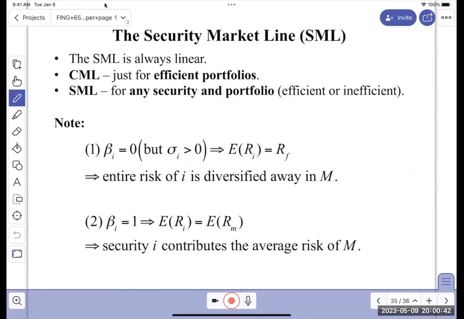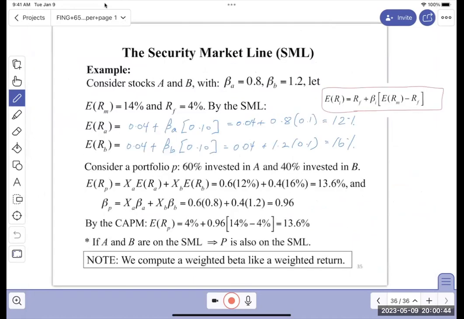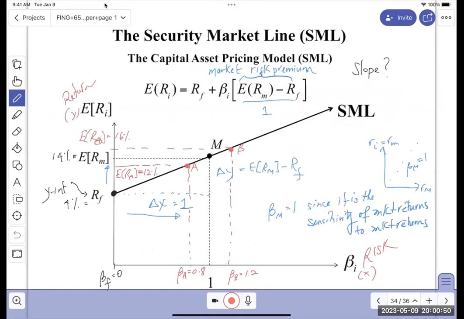Okay, any questions, comments? What we're going to do now is combine those assets, A and B. Now, A and B are assets, but I could also create the return for A by mixing the risk-free and the market portfolio to get to A and create this level of risk and this level of return by doing so.